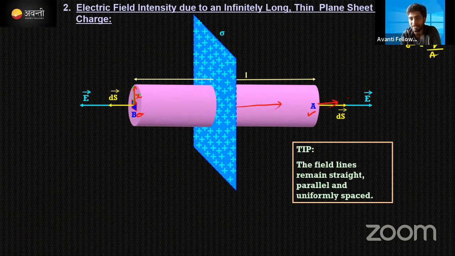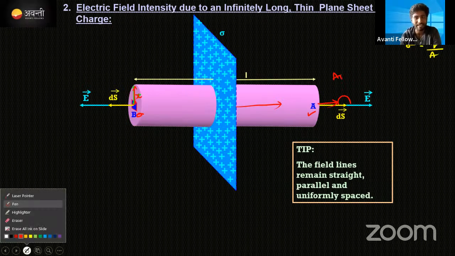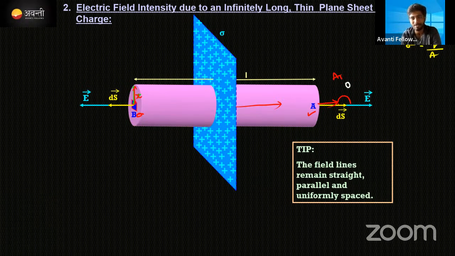What is the angle between them here for the first area? Let me know. Good. For the first area the angle is 0, because both are moving in the same direction. For the second one here also 0 degrees, theta value here also 0.